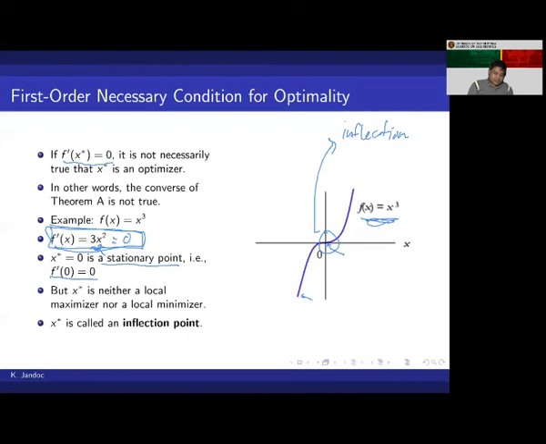So you see here that this is a stationary point, but it doesn't give you the highest or lowest value of the function. Such stationary points can also be inflection points. So the point of the theorem is, if it's a stationary point, it doesn't automatically mean that it's a maximizer or a minimizer. The theorem doesn't say that.